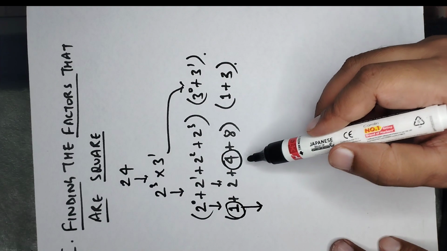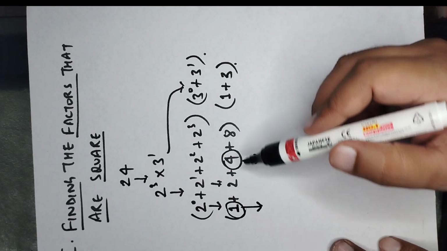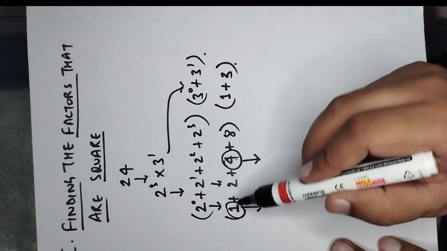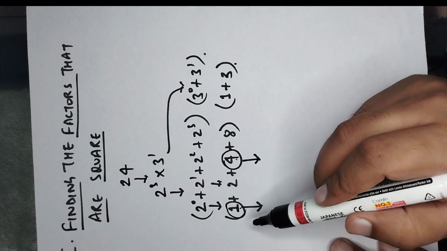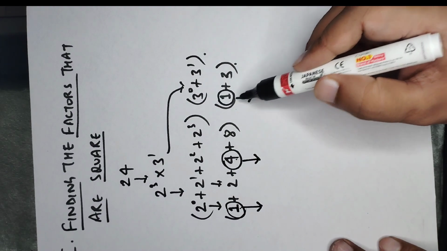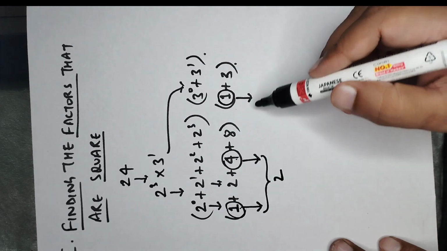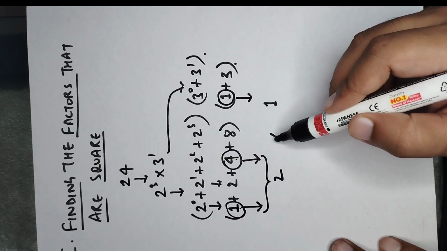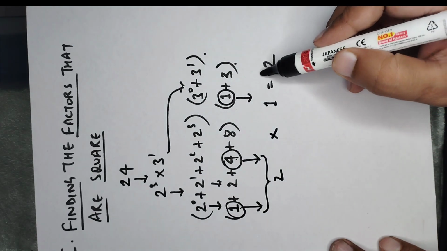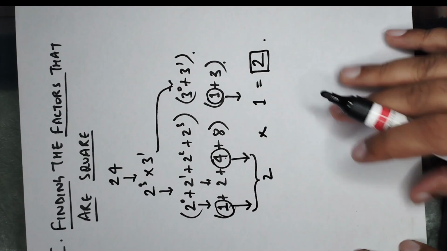Similarly, there is this number 4. This is also a square factor, the square of 2. So we have 2 factors here that are square. Now again there is one more number, that is 1, which is again a square. So we have 2 factors from here and 1 factor from here, and if I multiply them, I get 2. So I can say there are 2 square factors overall.